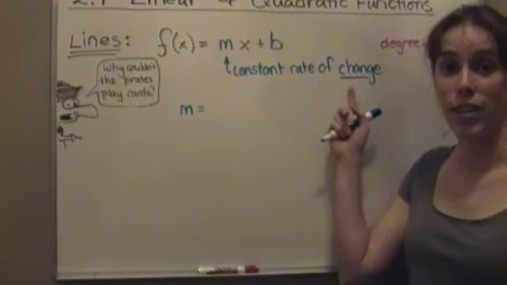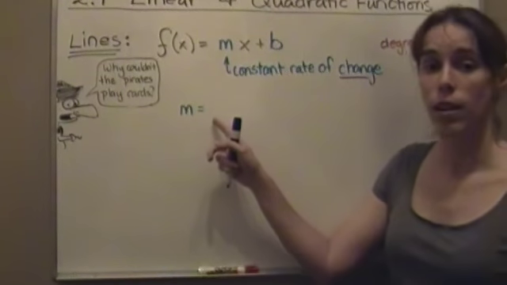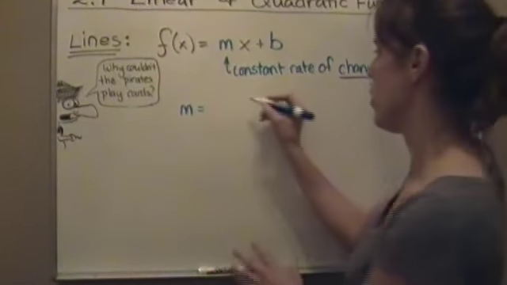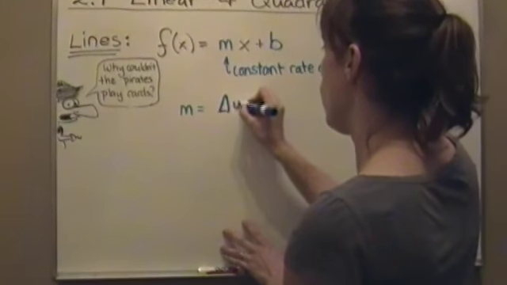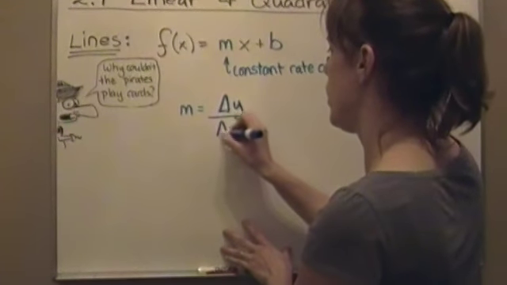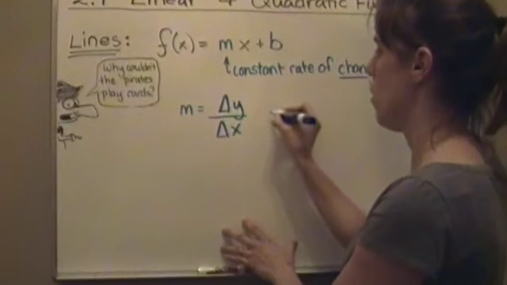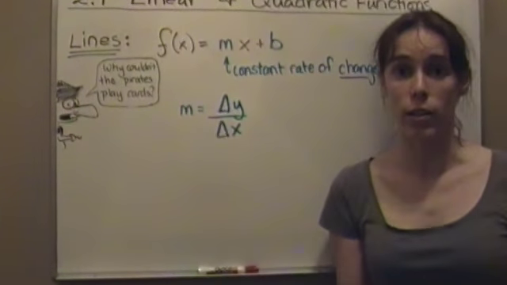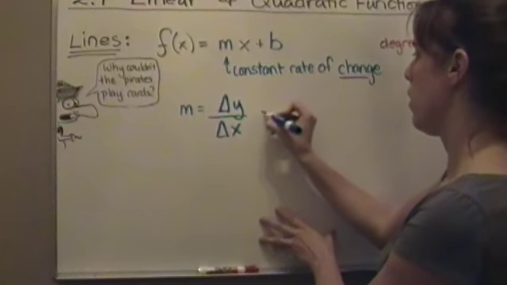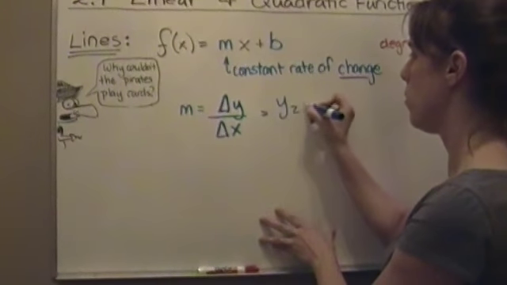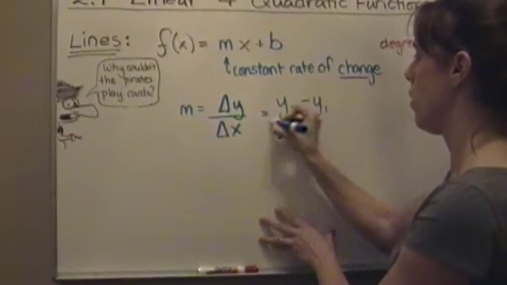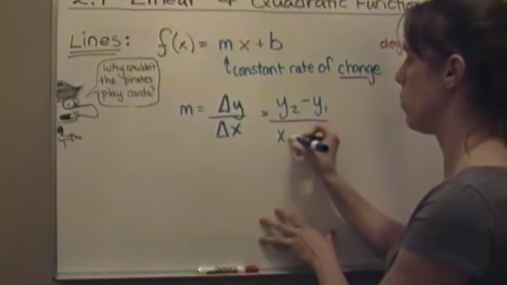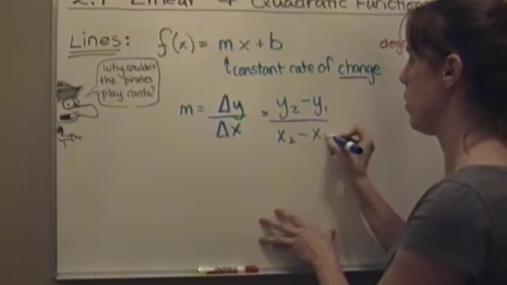So what's changing then? Well, the slope is really the change in y over the change in x. You've known that for a long time. You usually write it with subtraction. You would say y2 minus y1 over x2 minus x1.